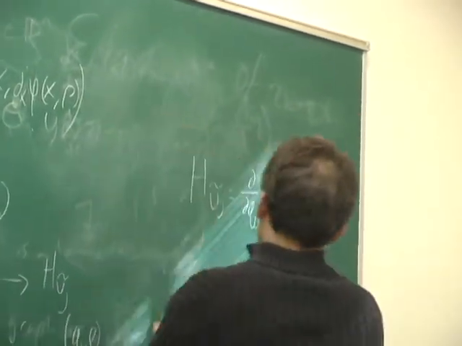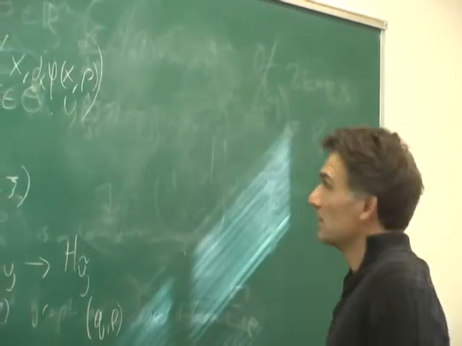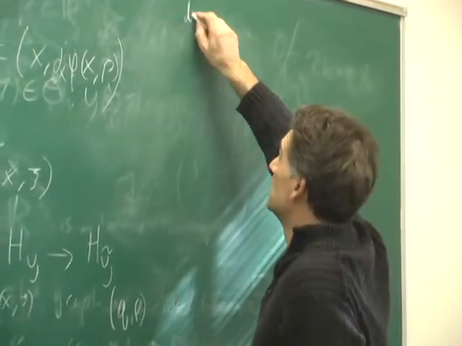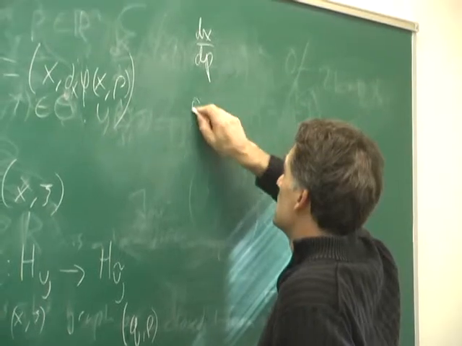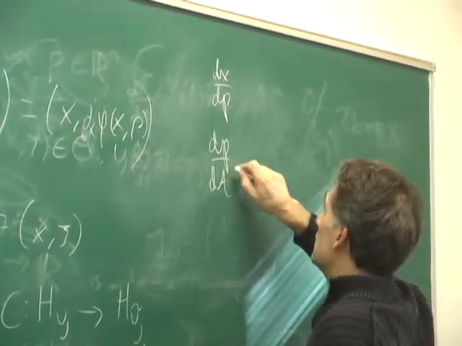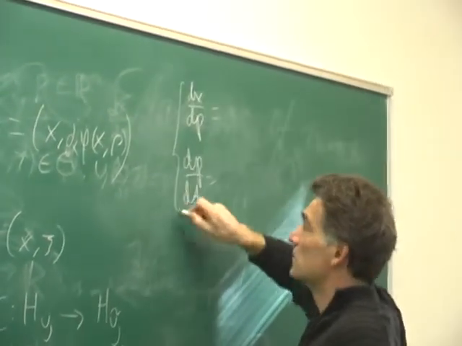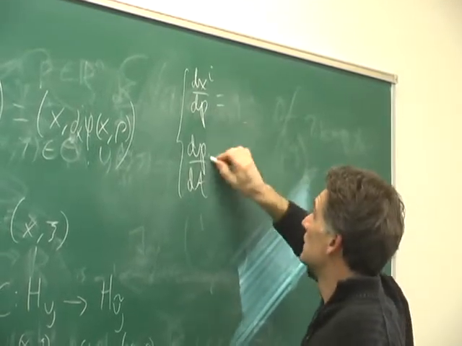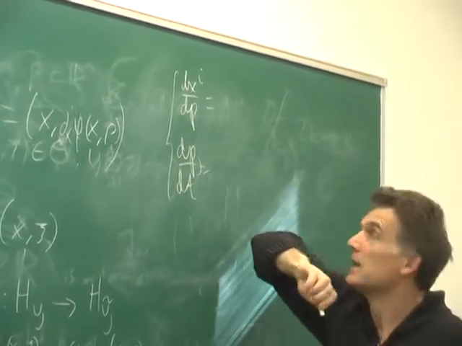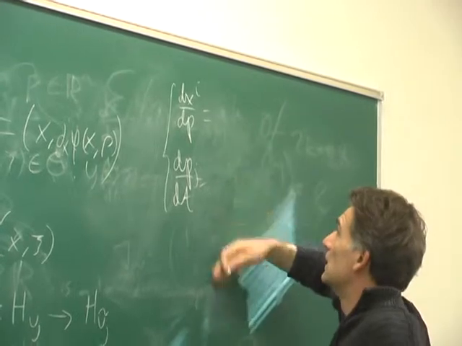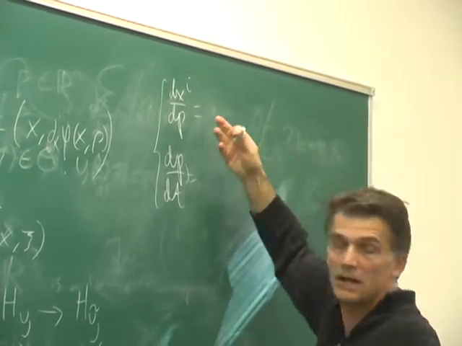Well, okay, let me remind what it is. So what is a Hamiltonian vector field? Well, if you write the Hamiltonian equation, right? So there are two n equations, and so they give you the right-hand side, which is a vector field.